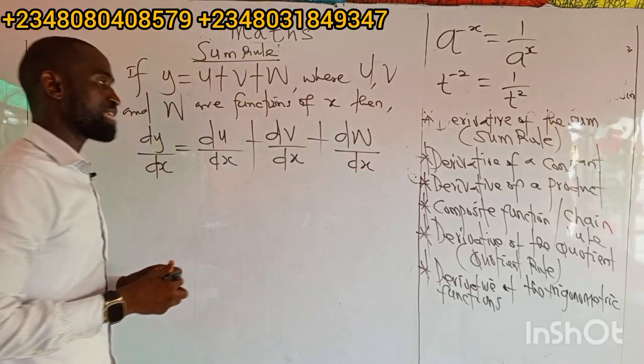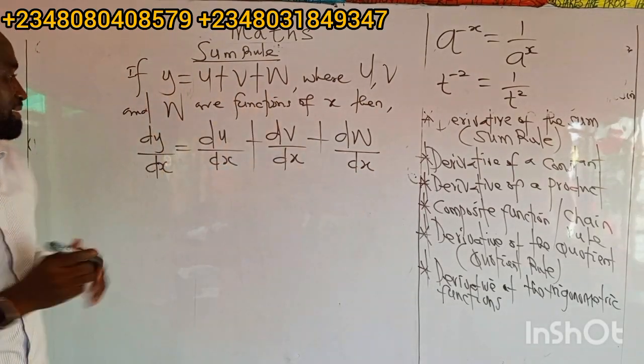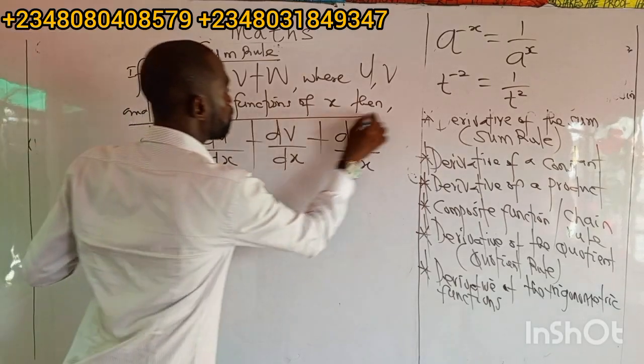What's the meaning? It means I'll just differentiate them one by one. That's all. This is what we call the sum rule.